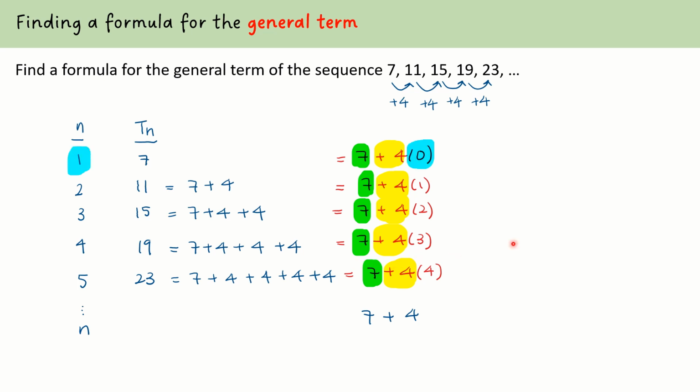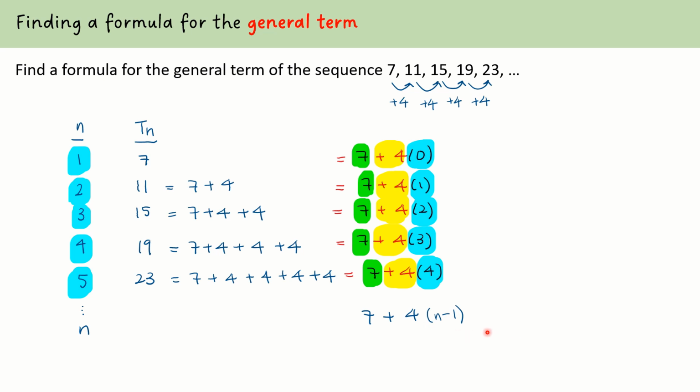So by observing the term numbers and the numbers in the brackets, we observe that if my term number is n, using just a variable to represent it, what do you think will be the number inside the bracket? It would be n minus 1.